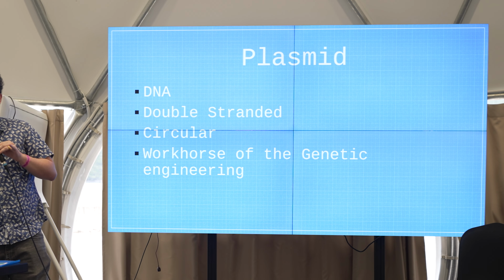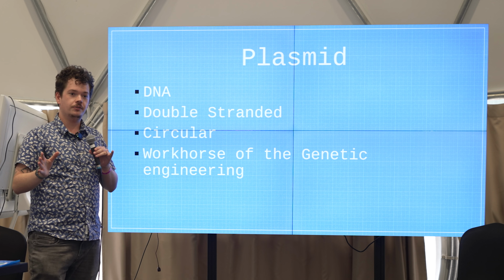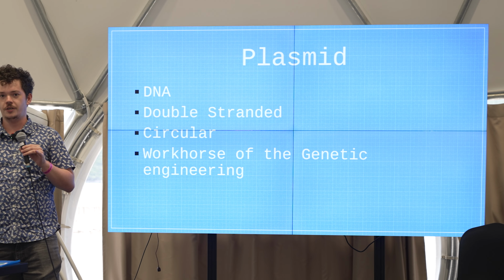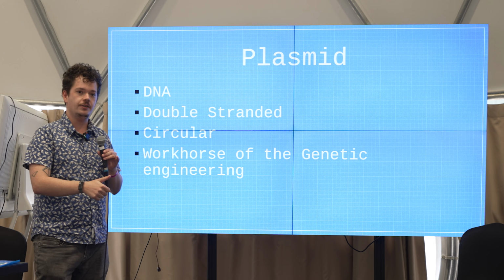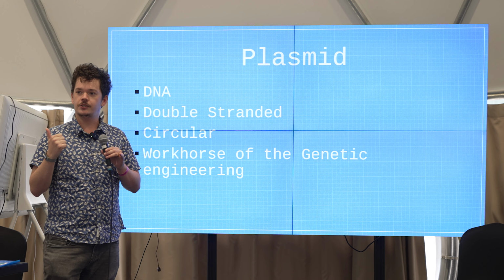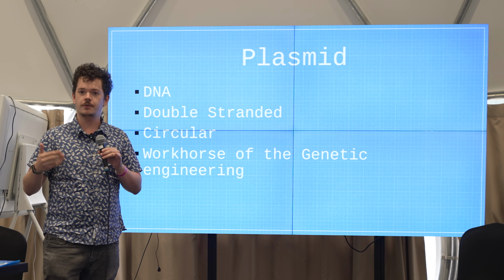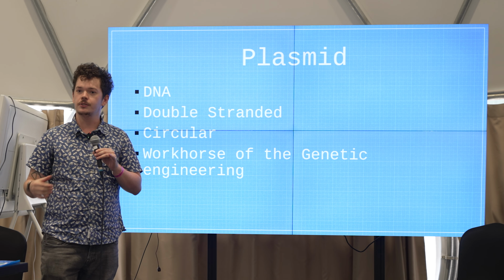So, plasmids. They're DNA-based, they're circular, and they're essentially the workhorse of most gene therapies. If you look at AAVs, the viruses, they start their lives out as plasmids most of the time. If you look at mRNA vaccines, you essentially create that RNA sequence from DNA at the production level.